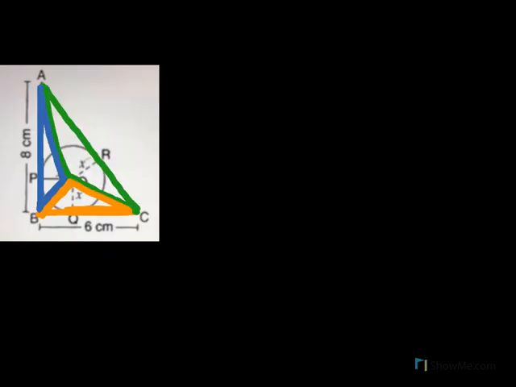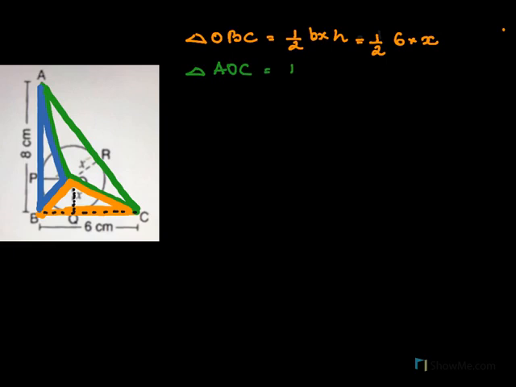So let's take up the first triangle, the yellow triangle OBC, and we'll do half base into height. Now the base in this case is BC, and X is the height. So that will be half the base, that is BC, that is 6, and the height is X. Now we'll take up the next triangle, AOC.